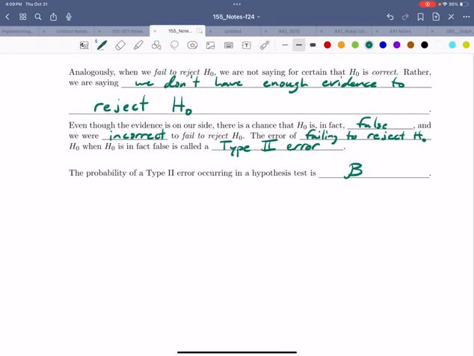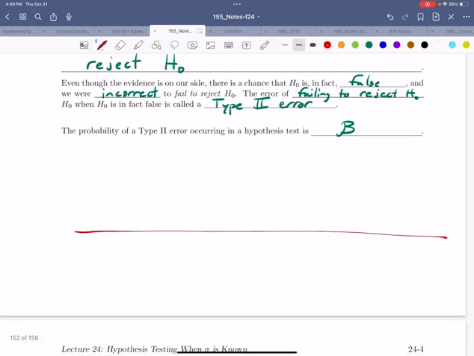We're not going to get much into beta. I'm going to super quickly sketch out what beta looks like.